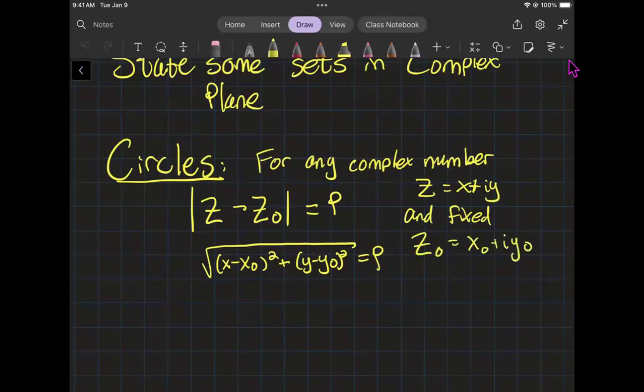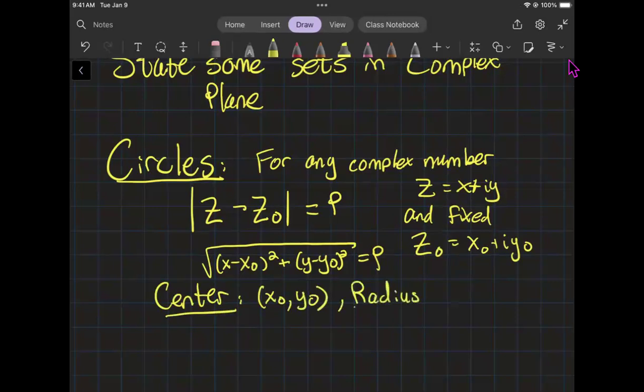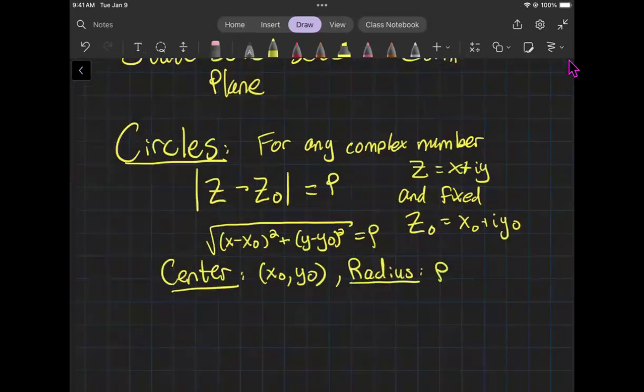So essentially it's the distance formula, right? (x - x0) squared plus (y - y0) squared equals rho squared. So the center of the circle is going to be the coordinate (x0, y0), and the radius of the circle is rho.